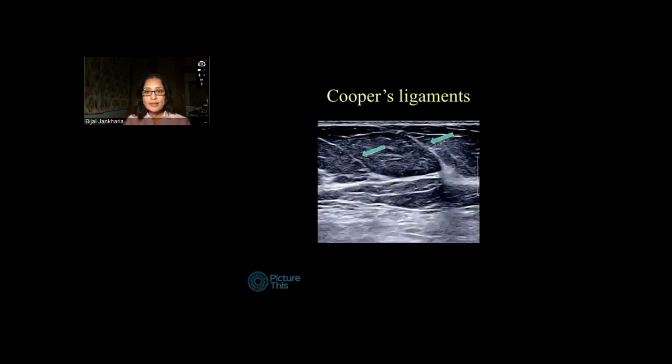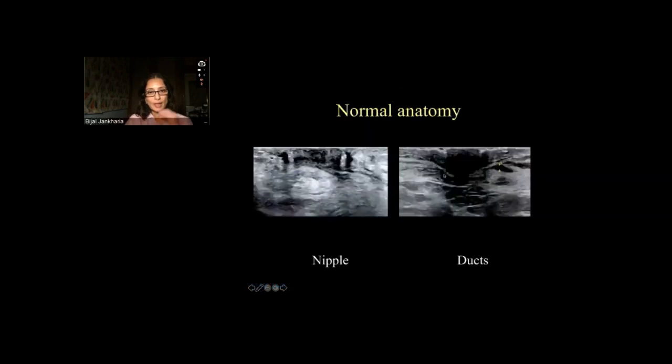The Cooper's ligaments are seen as curvy linear densities going up to the superficial layer of the superficial fascia, which sometimes is seen as an echogenic band in the subcutaneous fat. These extend from the parenchyma up to this layer of the superficial fascia.